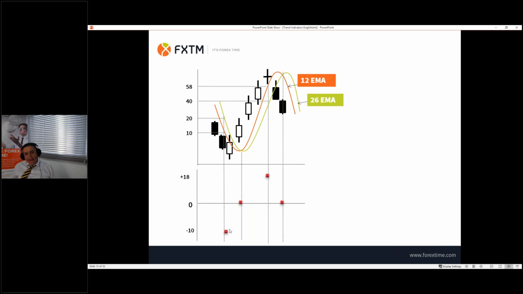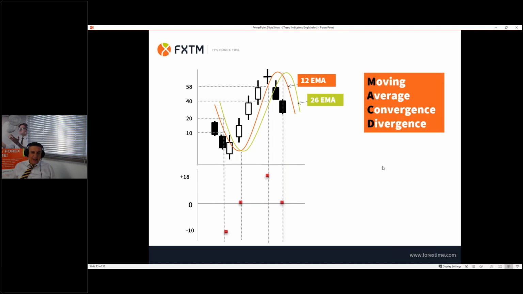So by connecting these differences, we get a curving line that moves above and below the 0 line. Do you see? This is a 0 line. It's not 100. So MACD is the difference between 12 EMA minus 26 EMA.